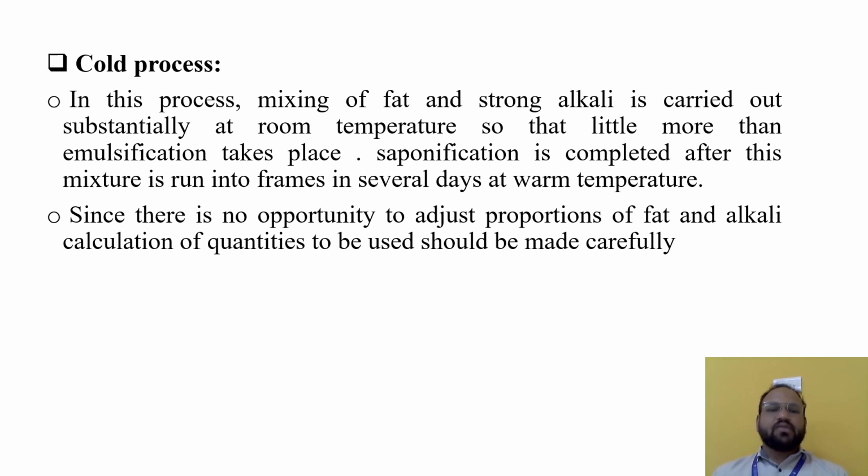Saponification is completed after the mixture is run into frames, over several days at warm temperature. Since there is no opportunity to adjust proportions of fat and alkali, calculation of quantities to be used should be made carefully.